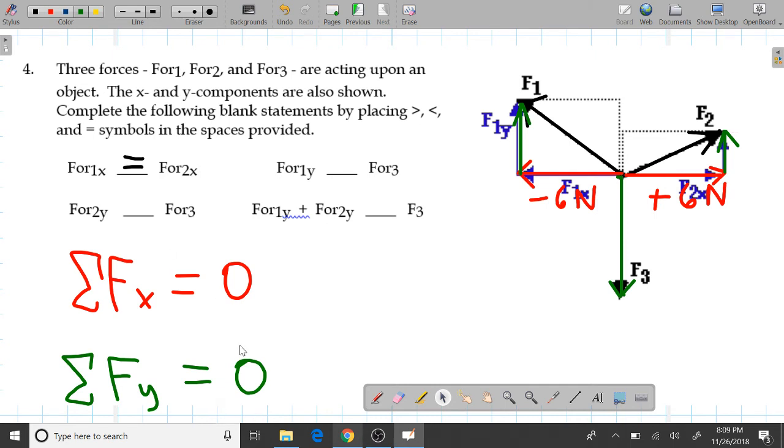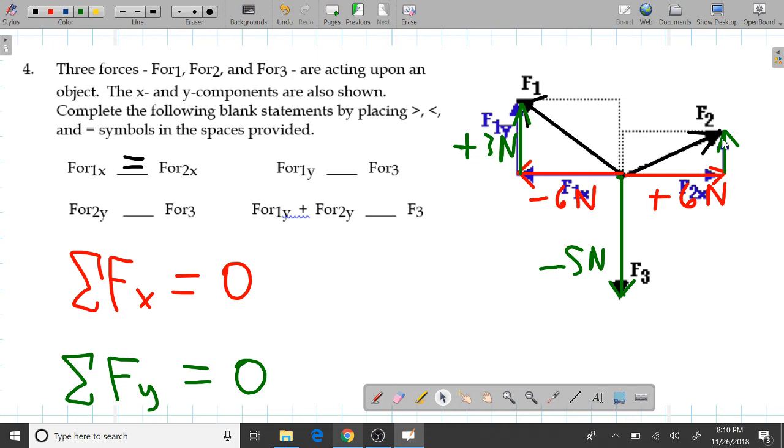To give you an idea of what that would look like, let me throw out some numbers. Let us assume that this force here is positive 3 newtons, and that force 3 is negative 5 newtons. If this is positive 3 newtons and that's negative 5 newtons, what does this force have to be in the y direction to guarantee that this situation will be in static equilibrium?